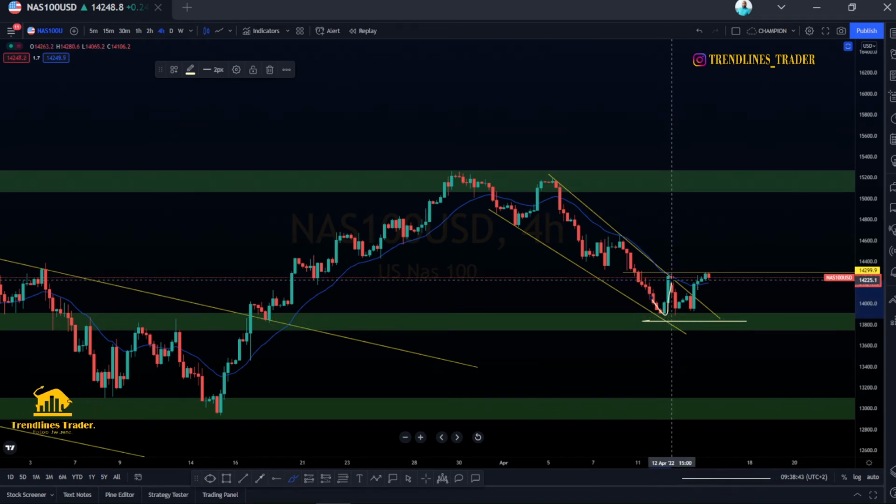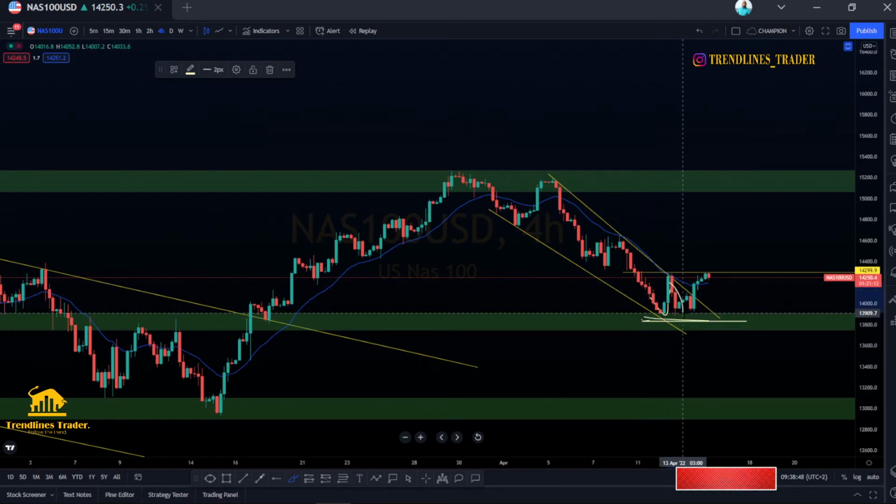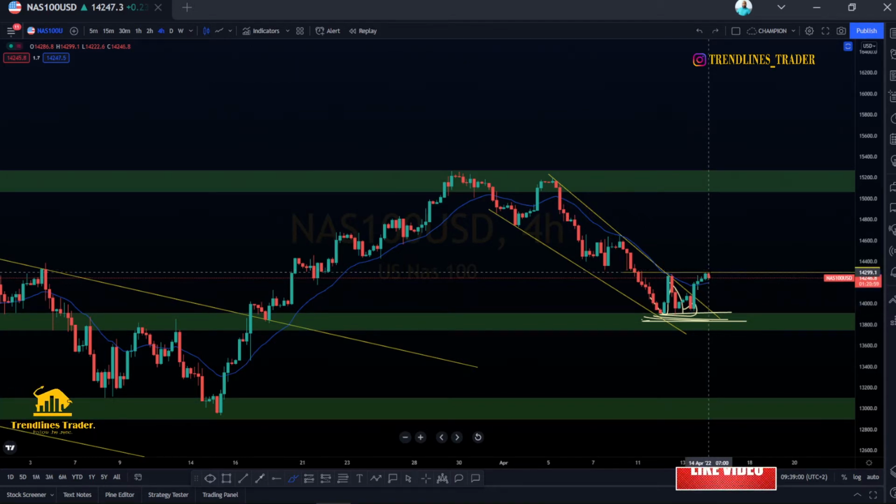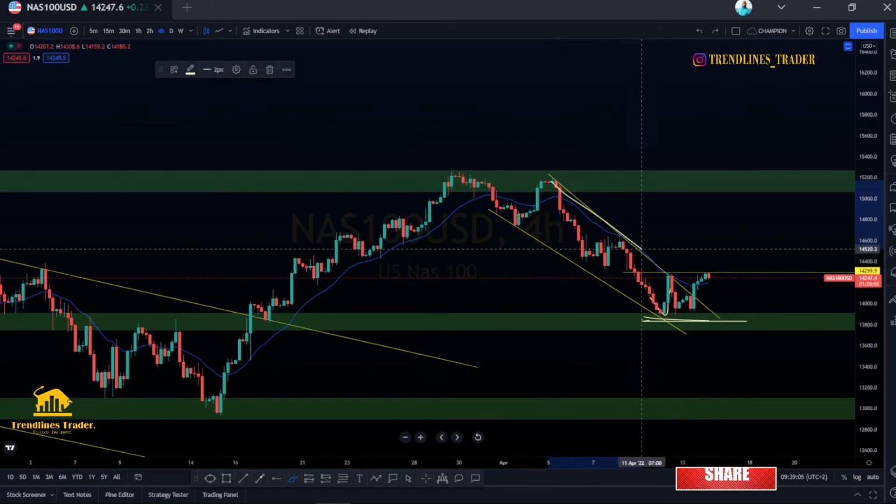The price found support around this level here and retested, still couldn't break it. Yesterday the price retested and still couldn't break it. As you see, it pushed towards the upside, whereby it presented this breakthrough of the diagonal resistance.